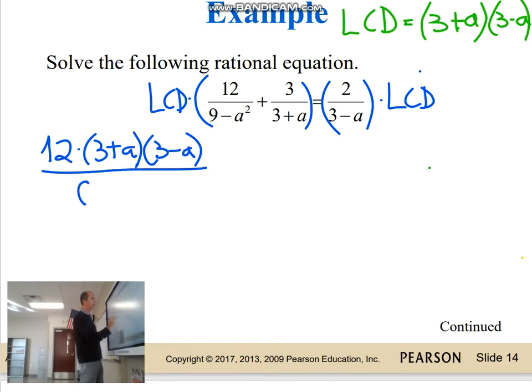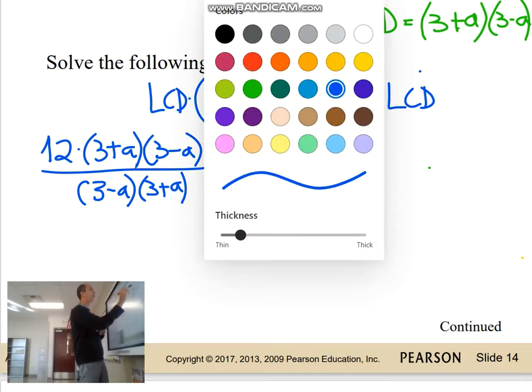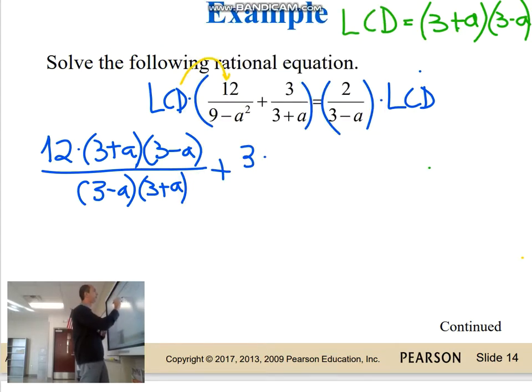We know we can factor it out, right? 3 minus a times 3 plus a, plus now I have 3 times, we are applying distributive property. Don't forget, distributive property.